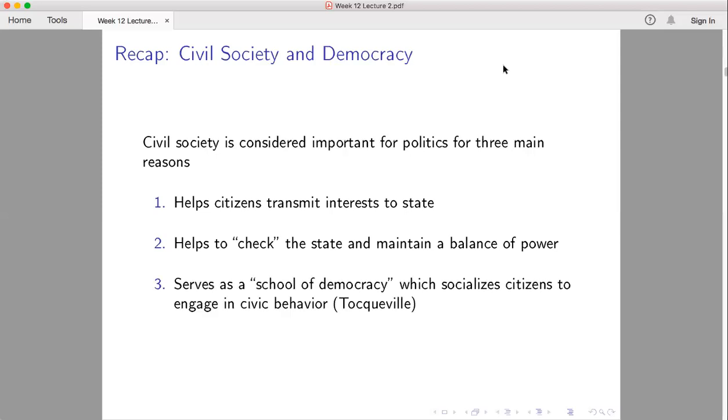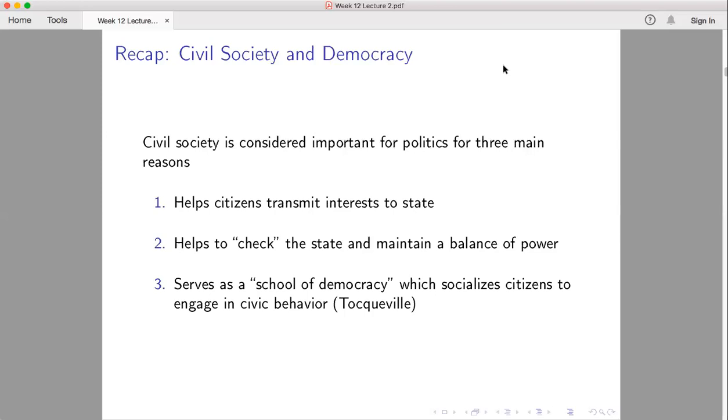But one of the biggest things that we talked about is how civil society groups can serve as what we call schools of democracy. Not only do they socialize citizens to engage with one another in more civic and tolerant ways, right? They're a way for people to interact with others, get to know other people, discuss with others, and become open to new opinions.